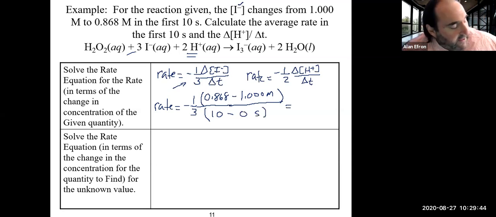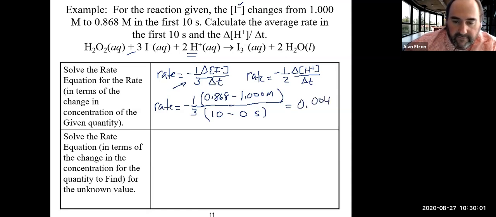And if we do all that, we will get 0.868 minus 1. Again, that's going to give us a negative, divided by 10 and divided by 3 gets us a positive 0.0044. The units here would be, I'll just write underneath, molarity over seconds as our rate.